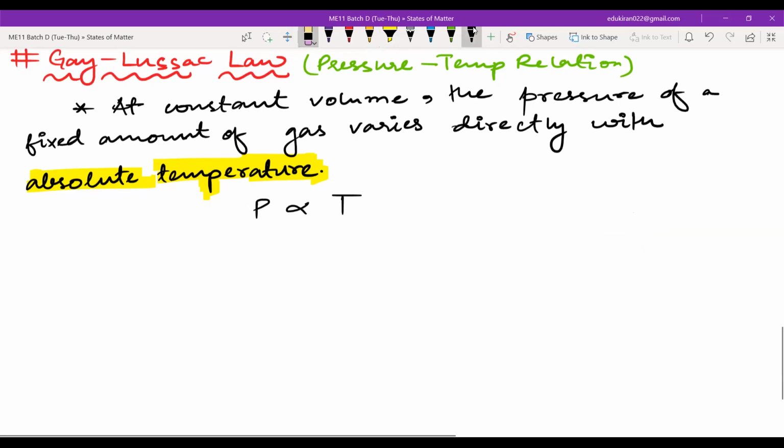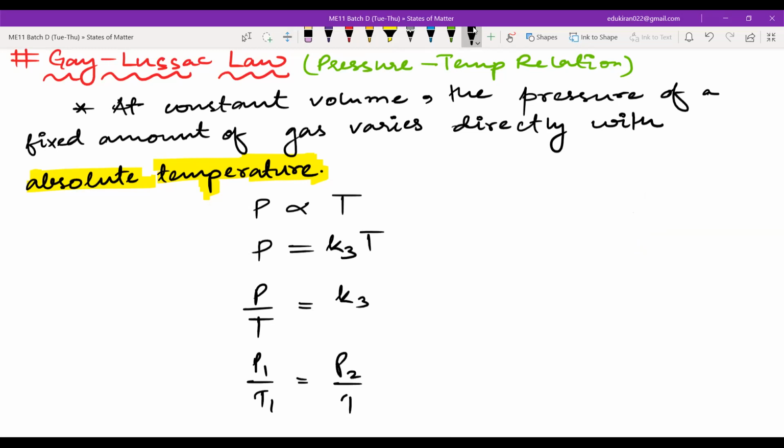So we can write pressure is equal to K3 into temperature. Pressure upon temperature is equal to K3. And hence we can write P1 upon T1 is equal to P2 upon T2.